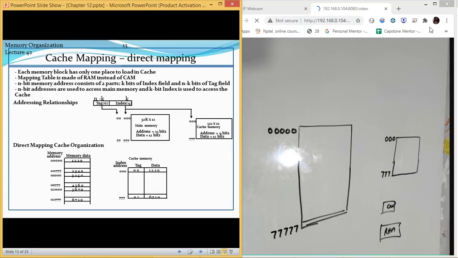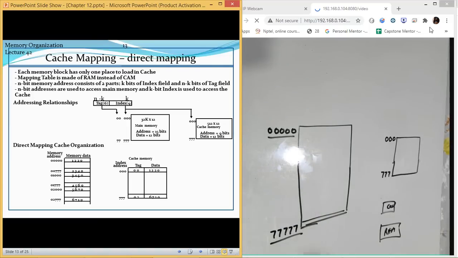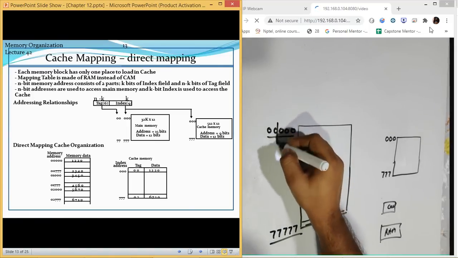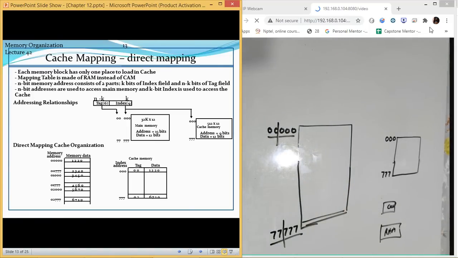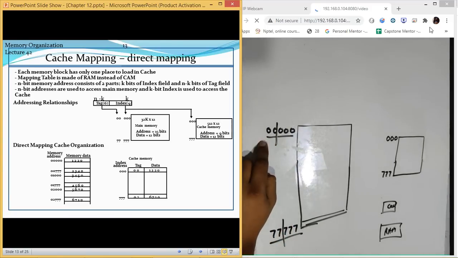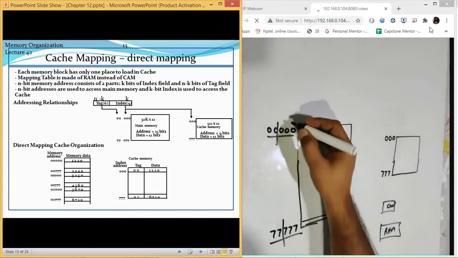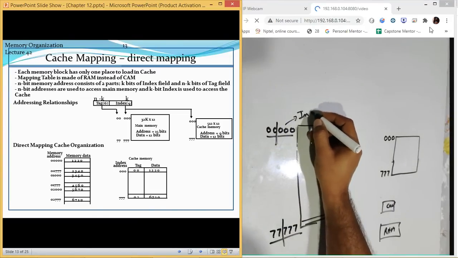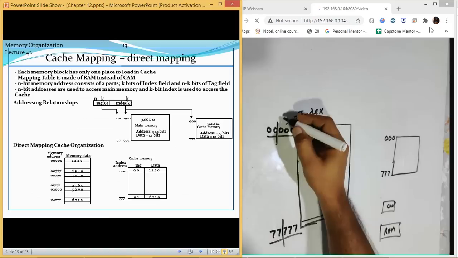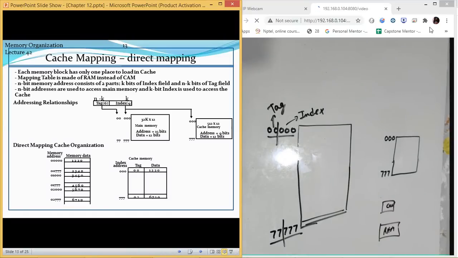So now in this case, we have this total address and we divide it into two parts. The rightmost part becomes our index, and the other part becomes our tag. Now this is the cache memory.